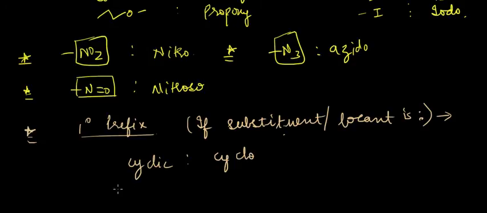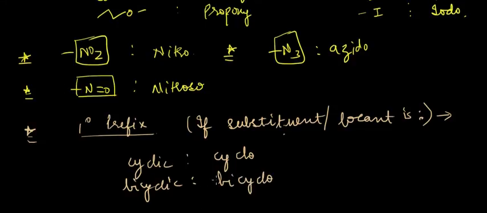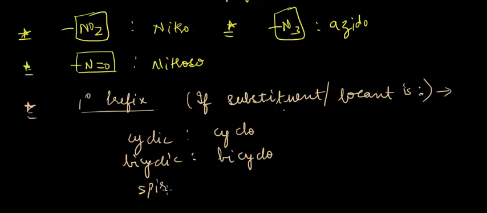If we have a bicyclic compound, then we will use bicyclo. And if we have a spiro compound, then the name remains the same, which is spiro.